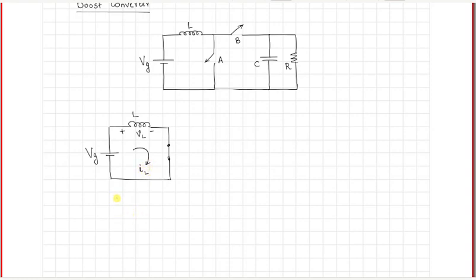This is the situation when the switch A is on, and the time for which the switch A is on is called the on time, or we represent it by the duty ratio. So this is the case where 0 less than t less than dTs.